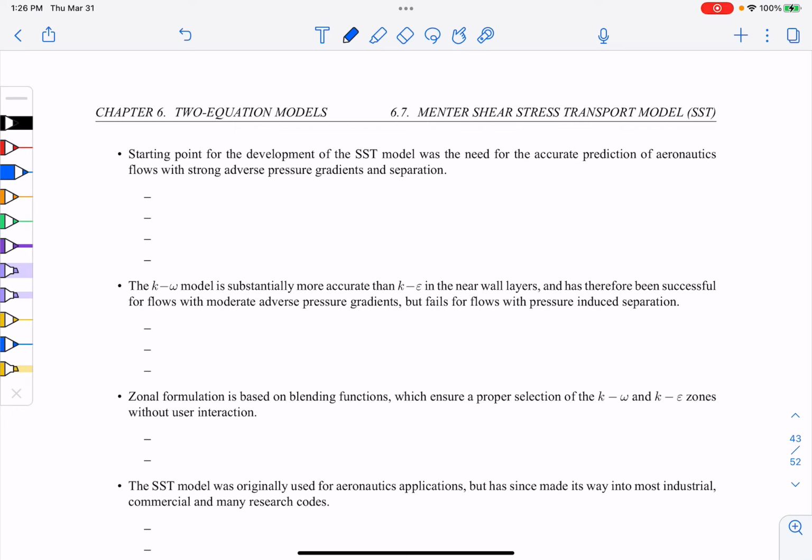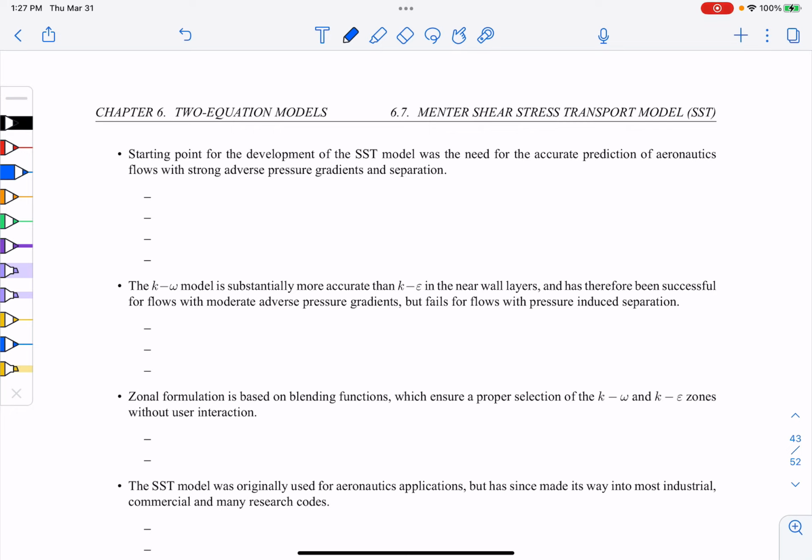And you're going to solve one model in the outer part of the flow field, in the outer part of the boundary layer and the free stream, and solve the K omega model near the wall. Why? Because in their experiment and assessment of these two models, K omega, like the Wilcox K omega model, was performing really well near the wall, and the K epsilon model was performing really well in the free stream. But what happens in between?